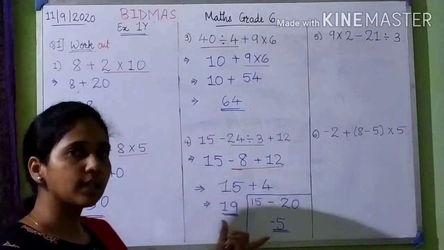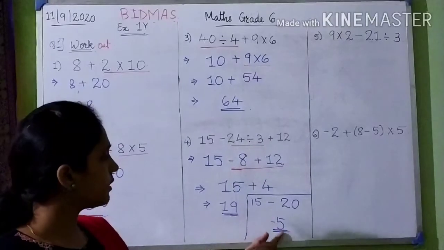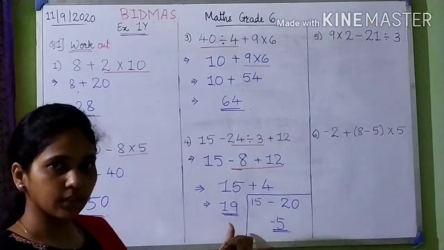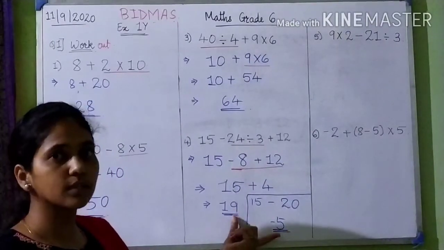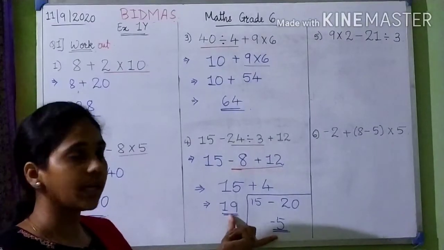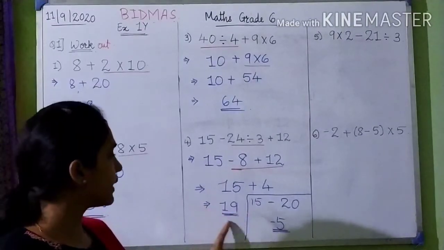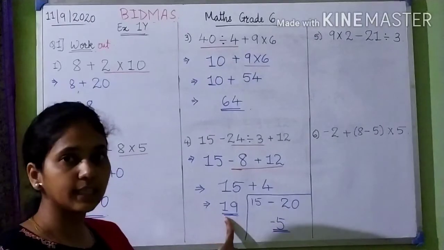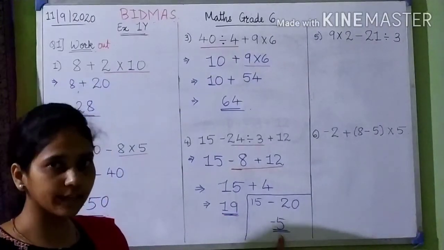So do we get both the answers same? Do we get 19 and 19? See, we have not got both the answers as same. And the correct answer out of these two is 19. Minus 5 is not the correct answer.